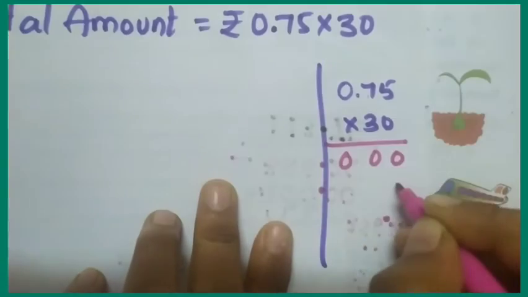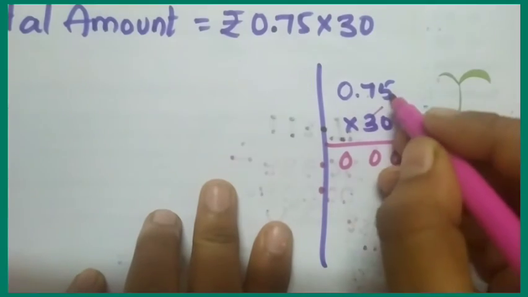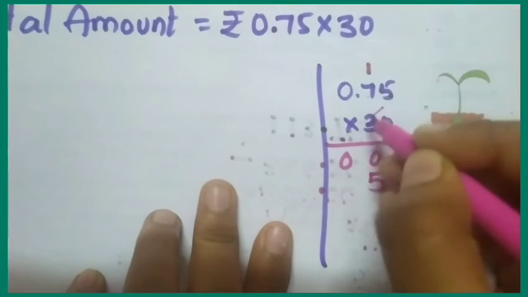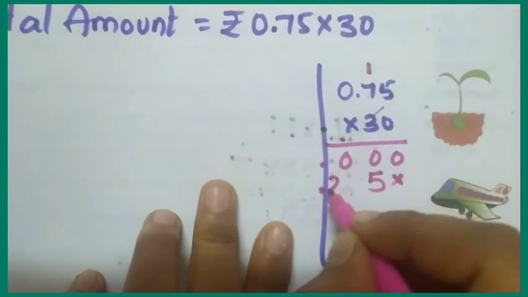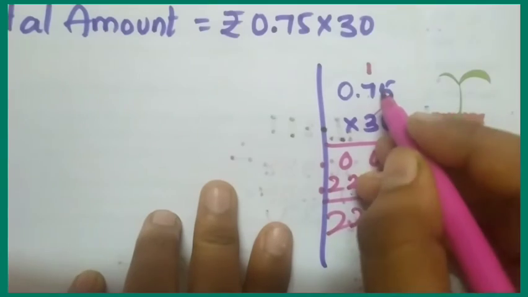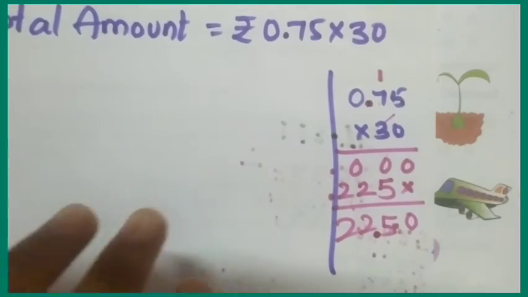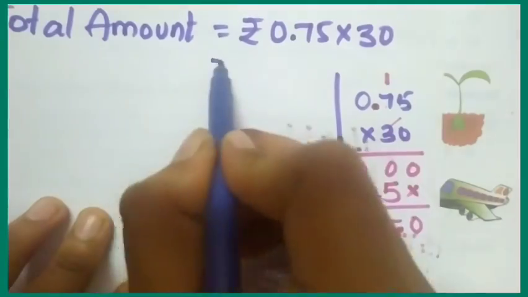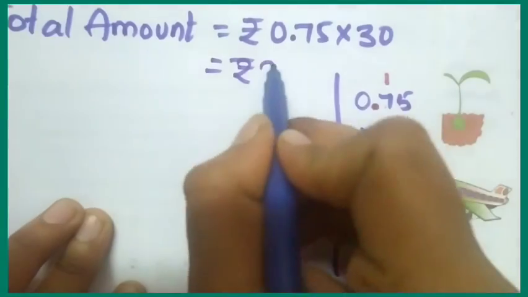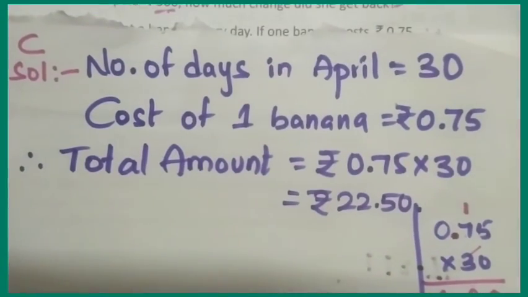So 0, 0. Now we will multiply with the tens place, so we will keep here a cross, 3 5s are 15. 5, 1 carry, 3 7s are 21, 21 plus 1, 22. So 0 5 2 2. After 2 digits the point is there, so we'll keep the point after 2 digits. So we'll get the answer here, 22 rupees 50 paise. Okay, 22 rupees 50 paise.